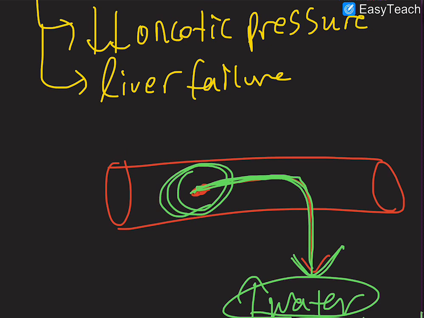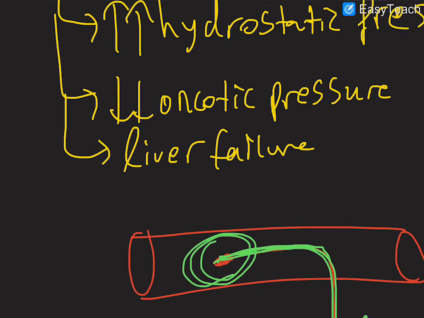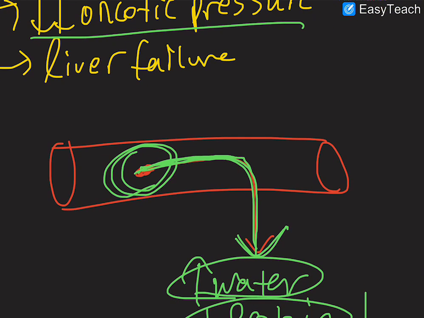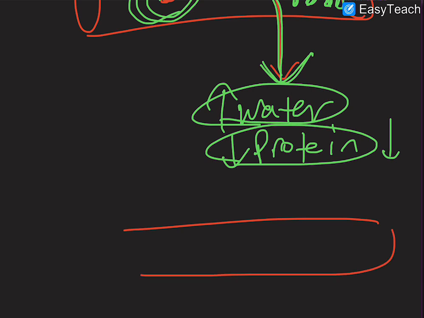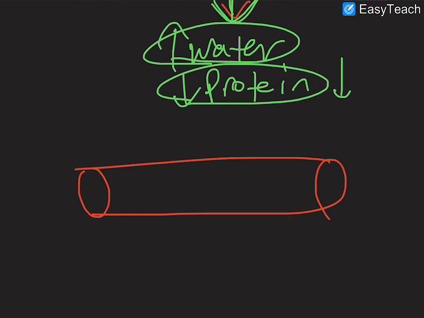Now, another cause that we mentioned was decreased oncotic pressure. So, oncotic pressure is basically created by the proteins in your bloodstream, right? So, the more proteins you have, remember these proteins attract water. For example, one very important protein that we should discuss that helps maintain your oncotic pressure is albumin. Okay, so let's say these are albumin proteins.